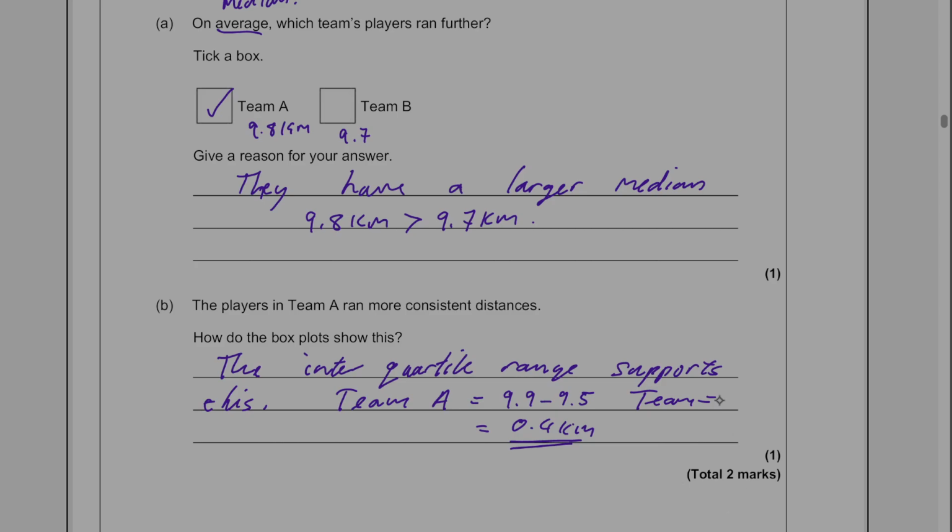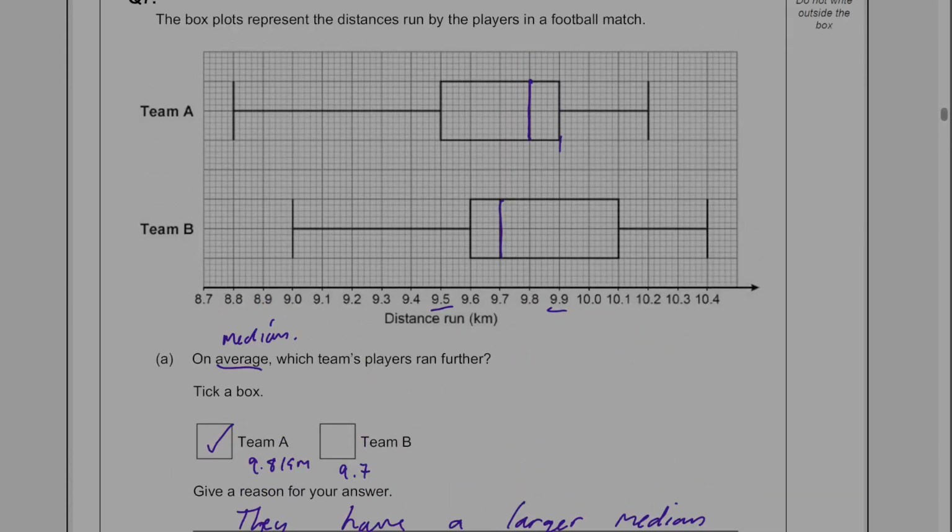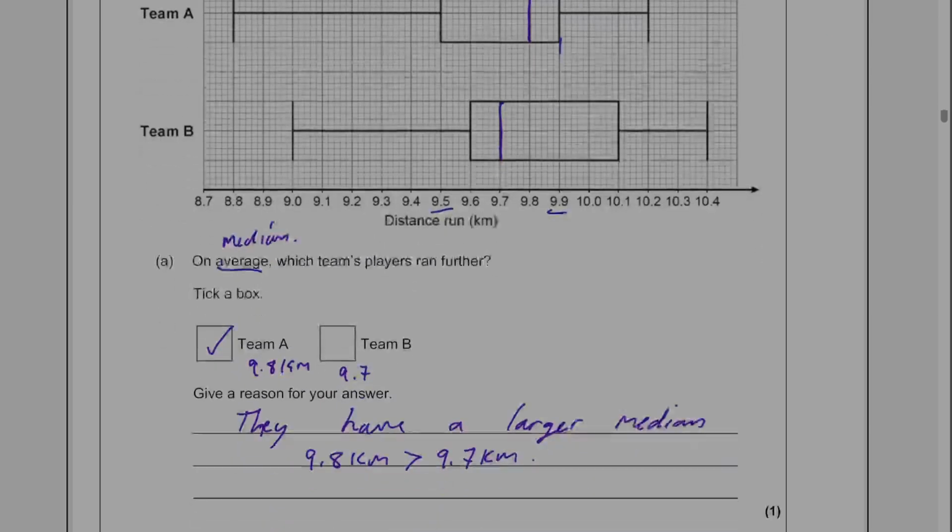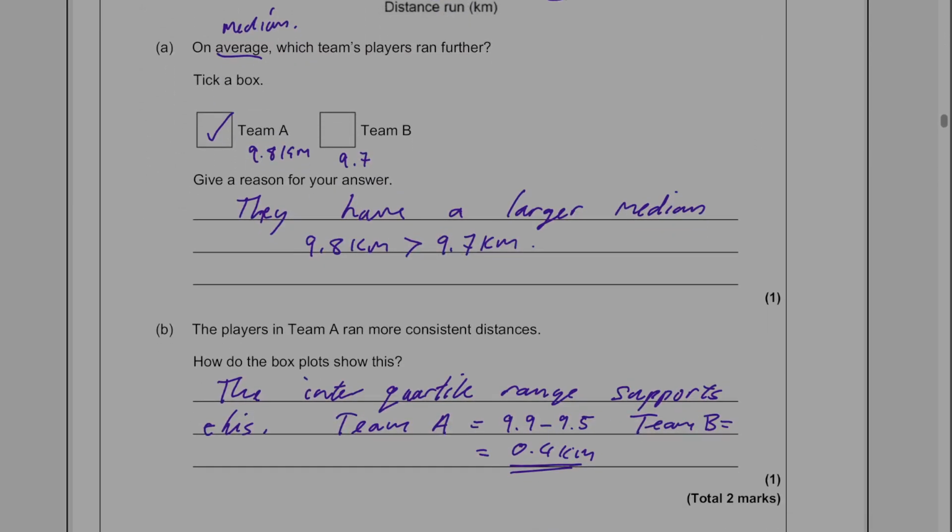Team B, not really written that very well. Team B is equal to, checking my numbers there, 10.1 minus 9.6, which is 0.5 kilometers.